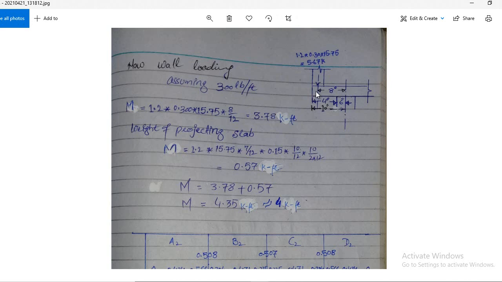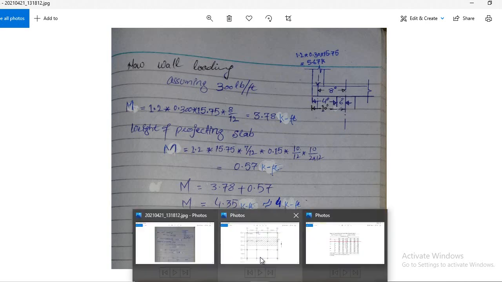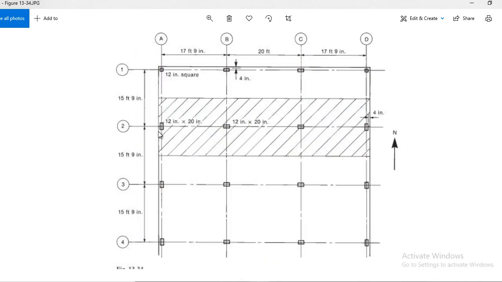Now you see here, this is the column face, and the slab is projecting for a distance of 4 inch. The column here is 12 inch, so 12 divided by 2, you get 6 inch.